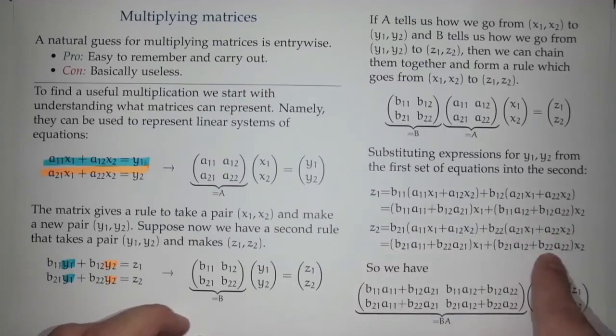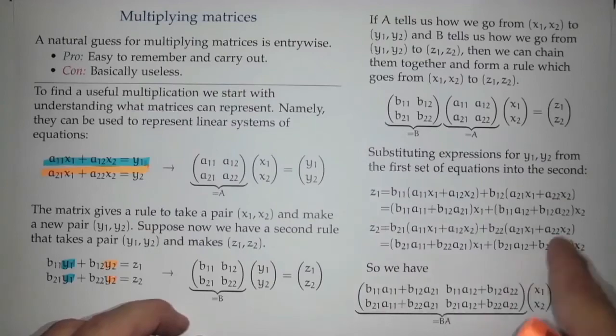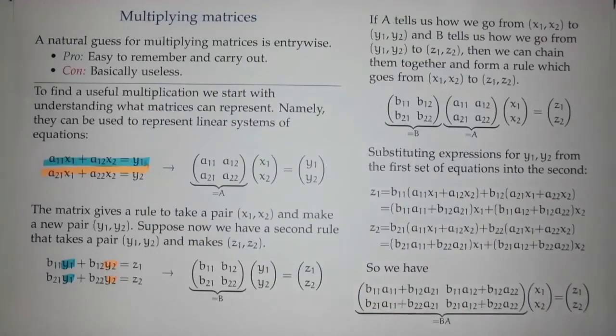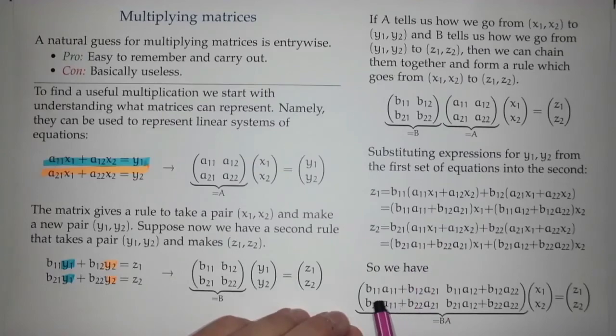Do the same thing again for z2. Now, I will say this is a computation you should only ever do once in your life. So this is your once. And what's the punchline? Well, now we read off the coefficients. So we have b11 a11 plus b12 a21. That's the first entry. And at this point, you're like, that looks more complicated.